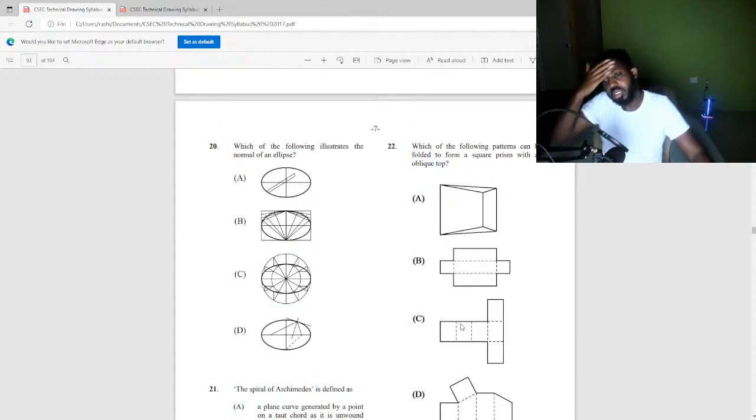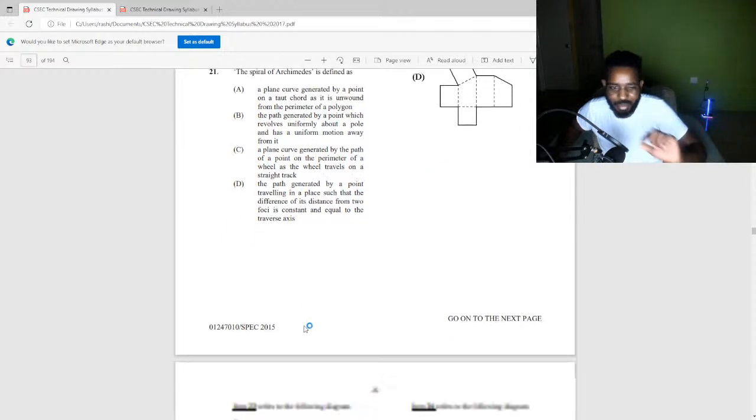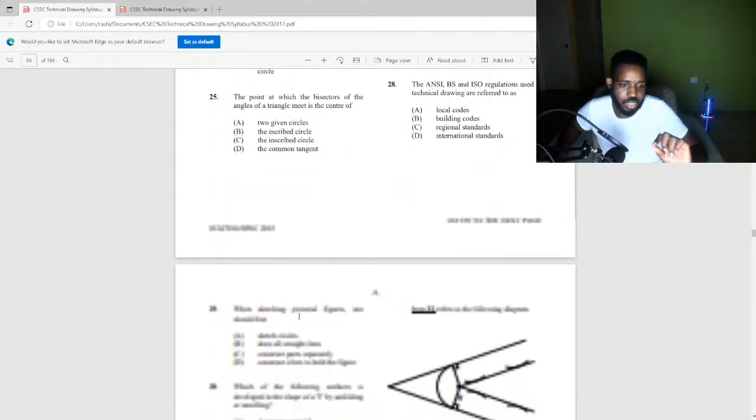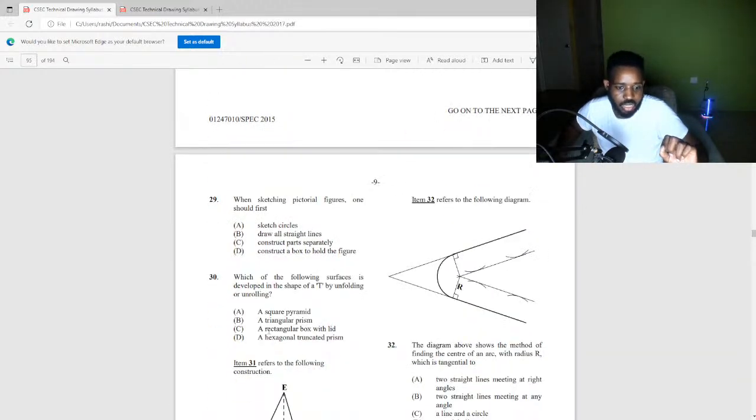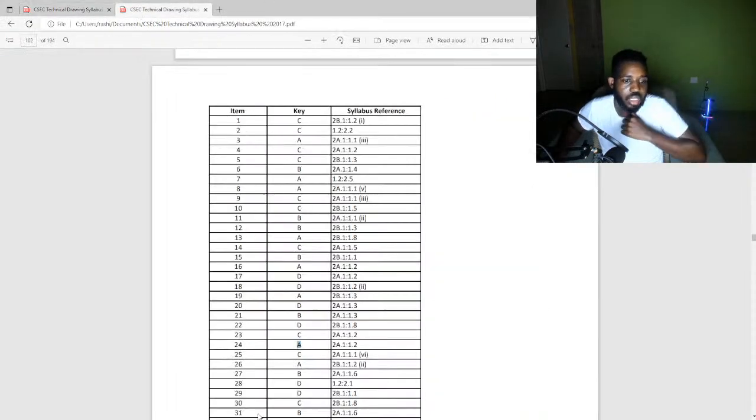It would look something like this, and this is what would give you a rectangular box with a lid. We can cross-reference that. This looks like a T, but it would have a lid and a base. So number 30 is a rectangular box with a lid, which is C.